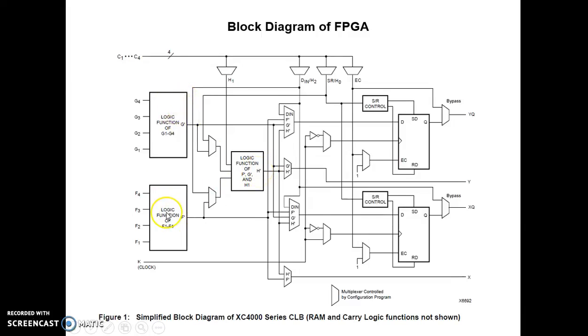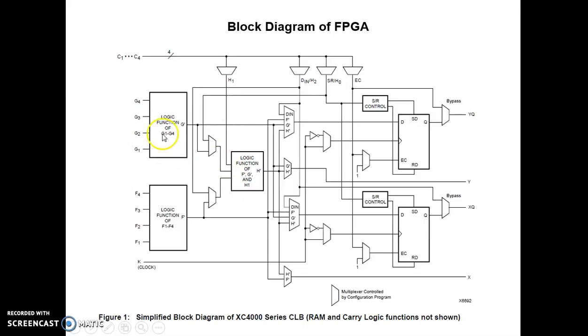Both F and G can perform any combinational logic function of their 4 inputs, and H can perform any combinational logic function of its 3 inputs.